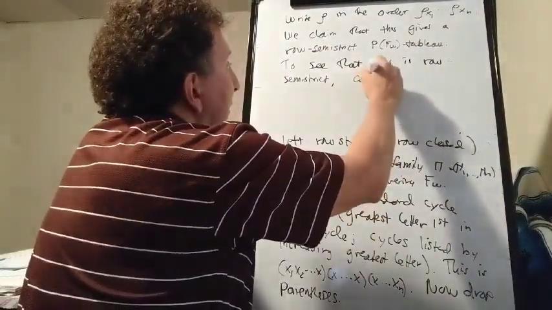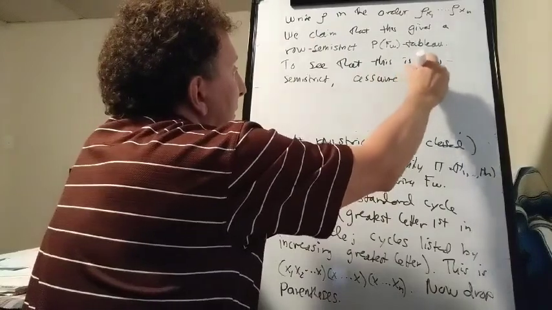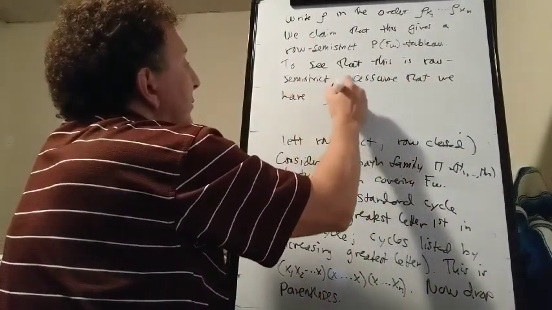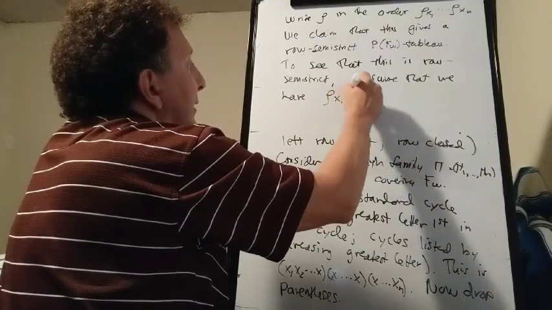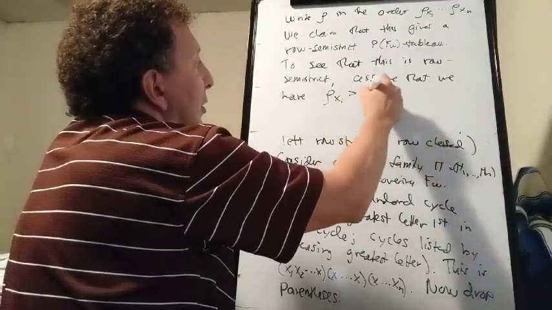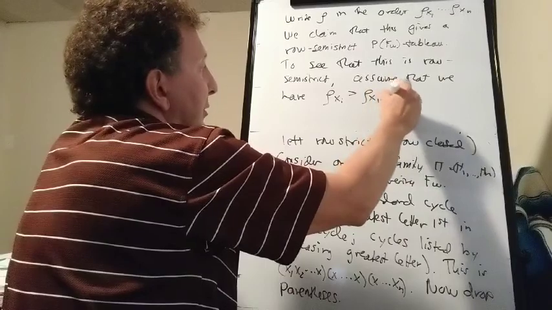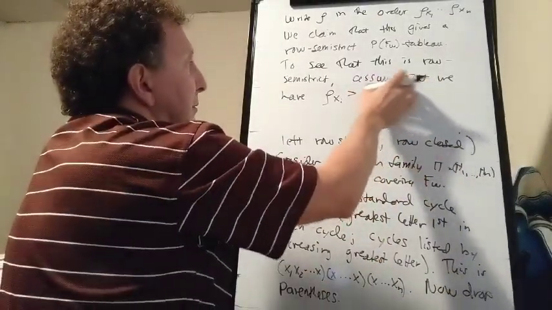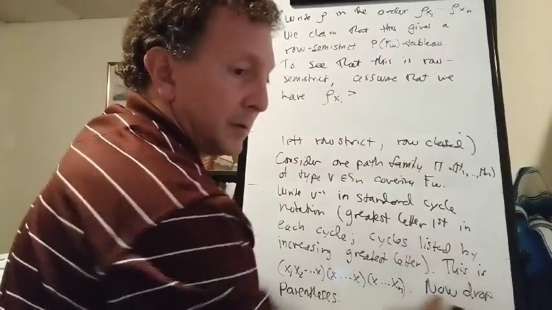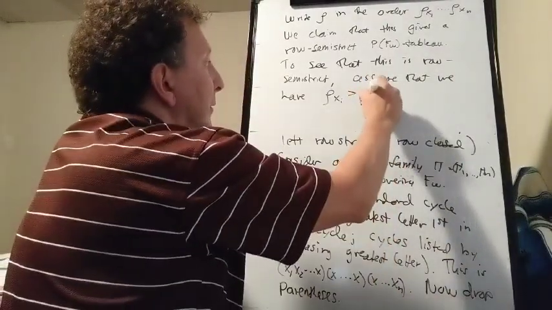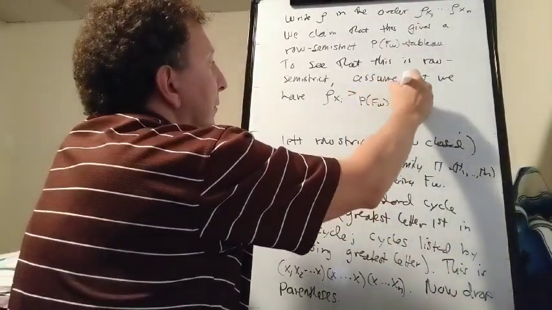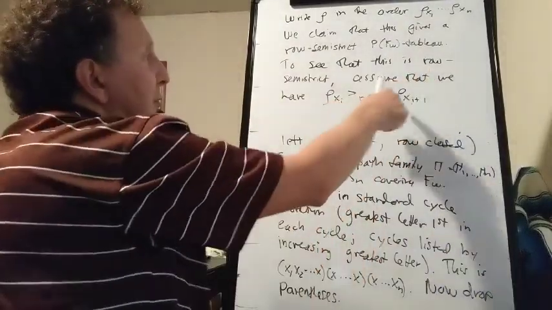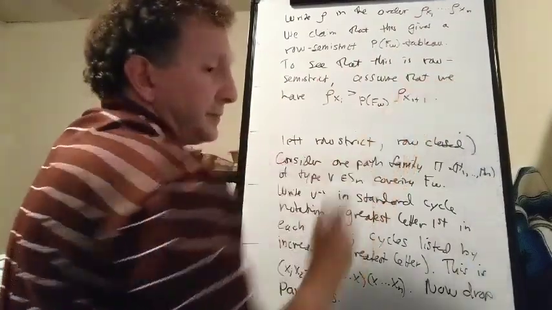So assume that we have row xi greater than row xi plus 1 in the poset PFW. So these would be consecutive in that list.